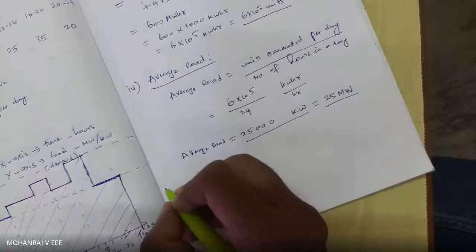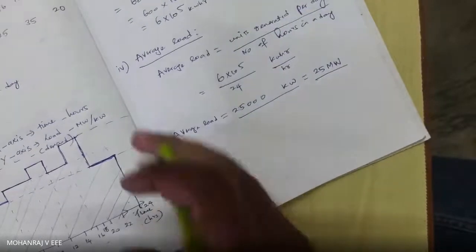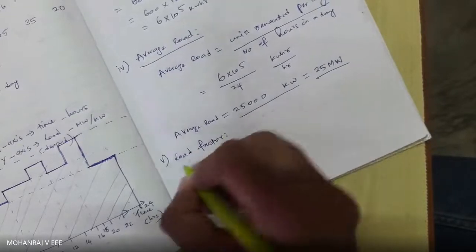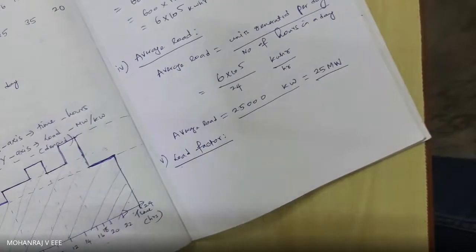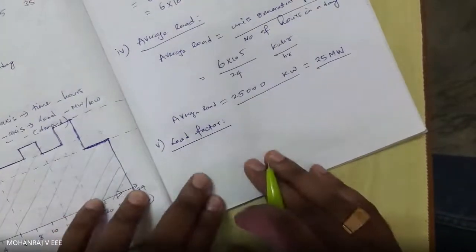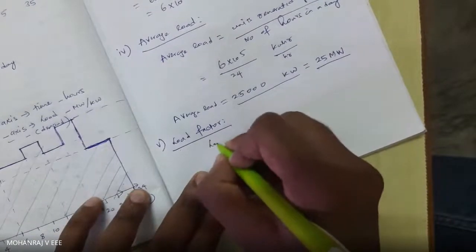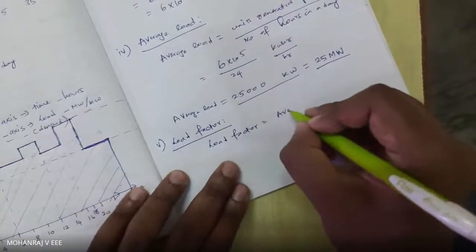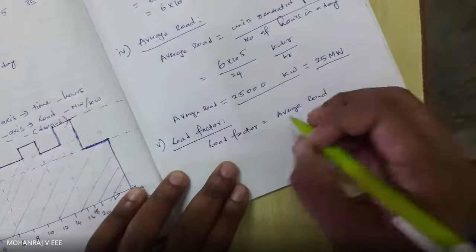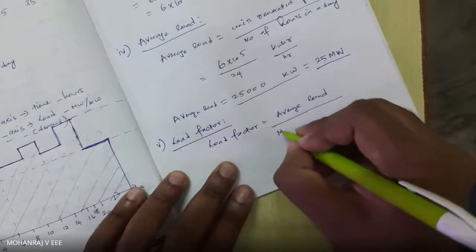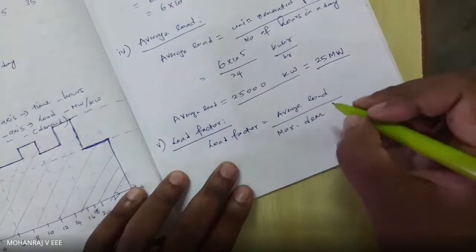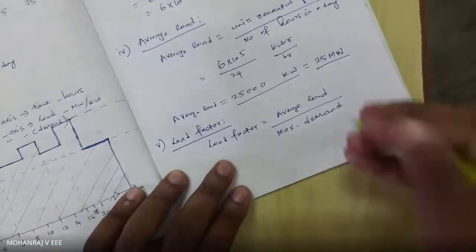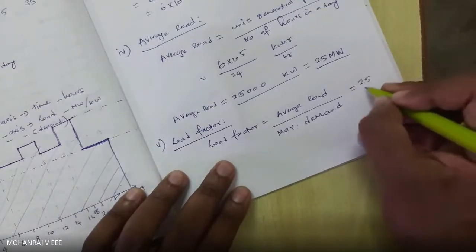Fine. Now next we have to find the load factor. So what is the formula to find load factor? Load factor is given by average load by maximum demand. My average load is 25 megawatt.